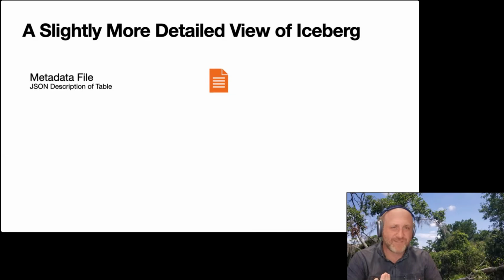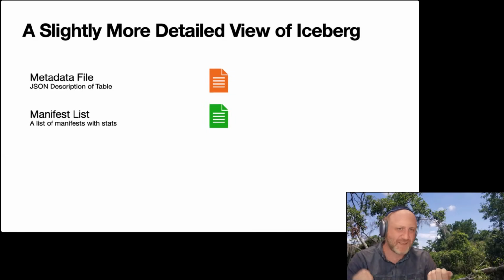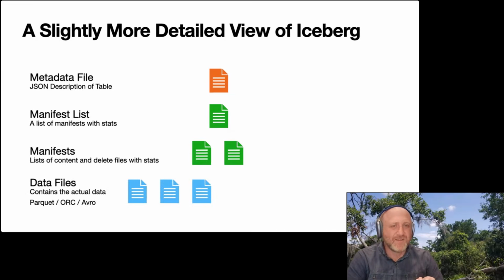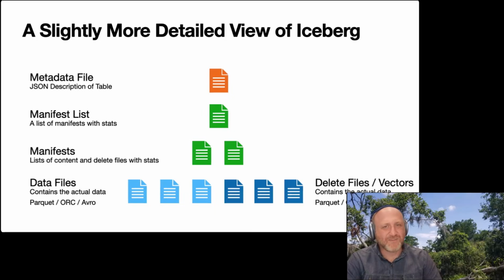And those snapshots all point to something called a manifest list. A manifest list is a list of manifest files. And a manifest file is in turn a list of data files. So this is things like Parquet files that are actually a part of our table, and also delete files. So our data files are then listed underneath this, and delete files as well.